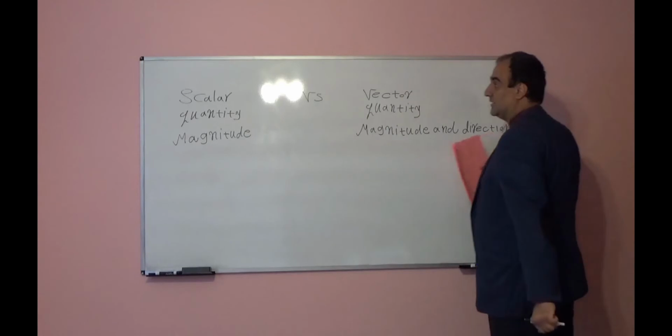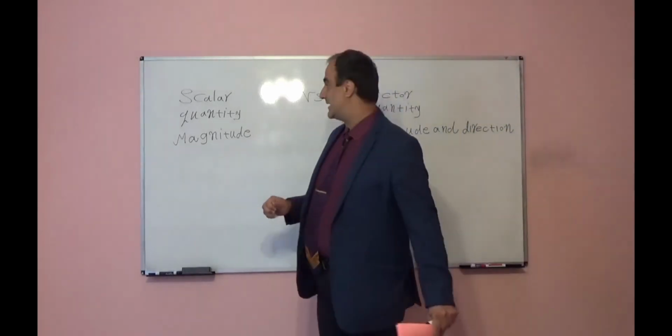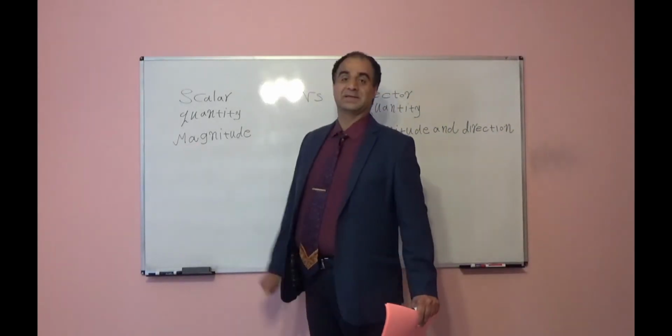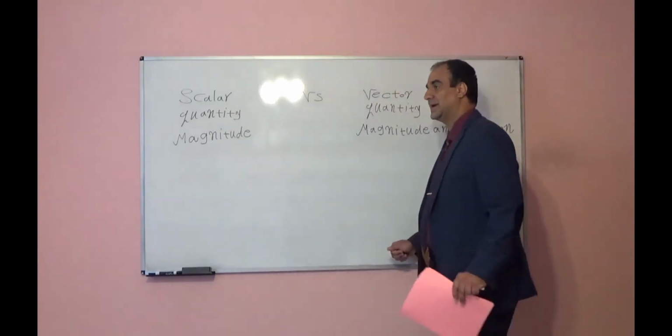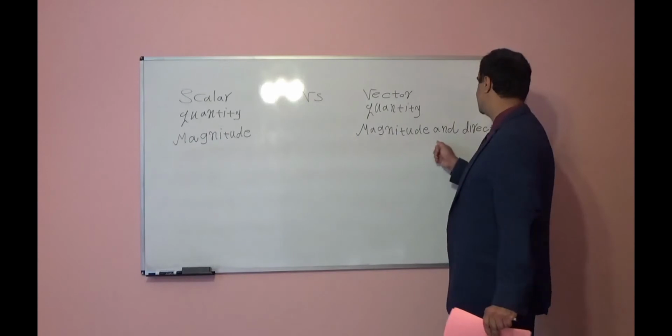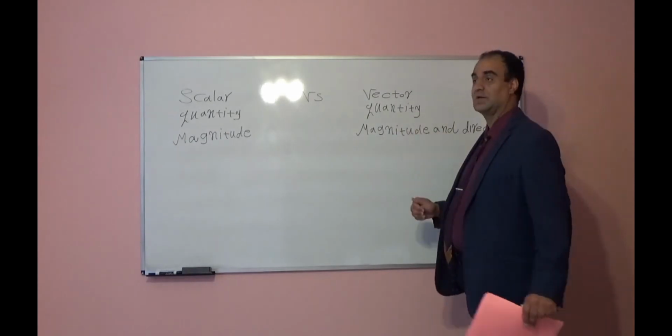So, any quantity we can describe using only magnitude, we will call it scalar. Any quantity we can describe using magnitude and direction, we will call vector.